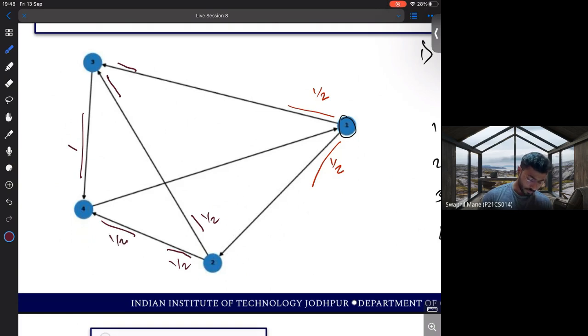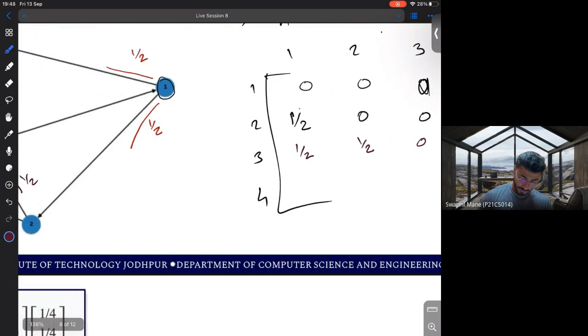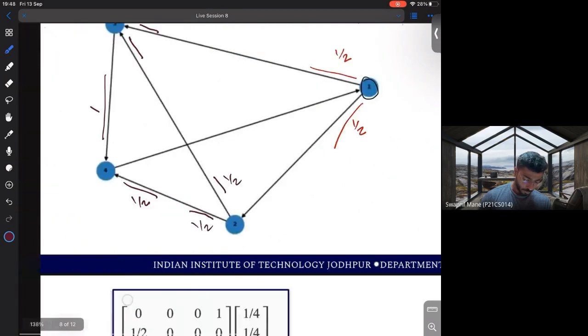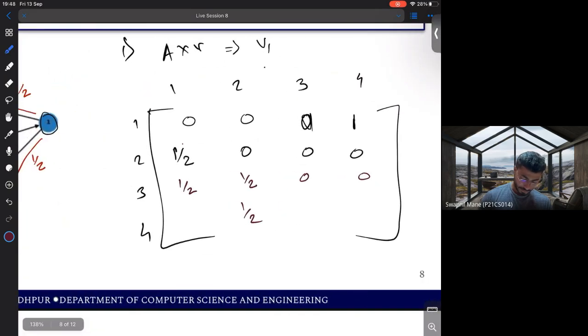So here it is 1 by 2 from node 2 and 1 from node 3, and 0 elsewhere. So this is the A matrix, right? This represents the first initial state of the calculation.